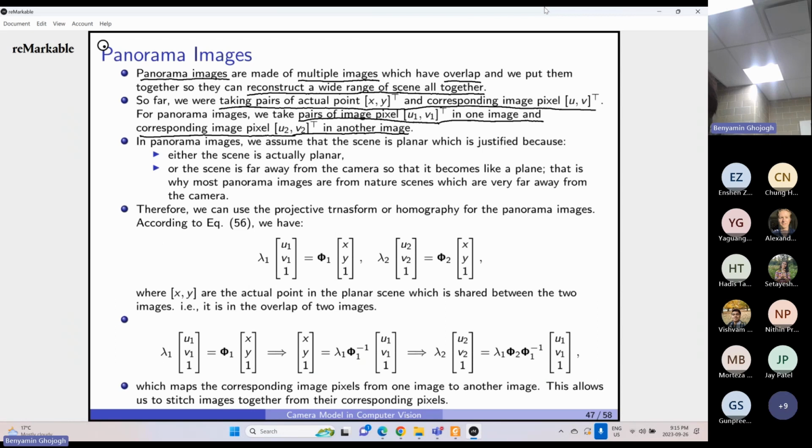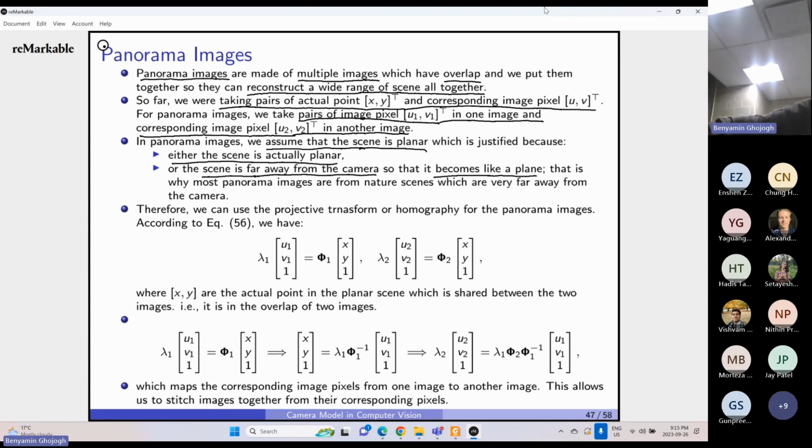We assume that in panorama images the scene is planar, which is justified. Why is this assumption justified? Because either the scene is actually planar, such as the conveyor in industry, or the scene is very far away from the camera, so it becomes like a plane. When it is very far away, the heights and valleys, the mountains, everything become negligible.